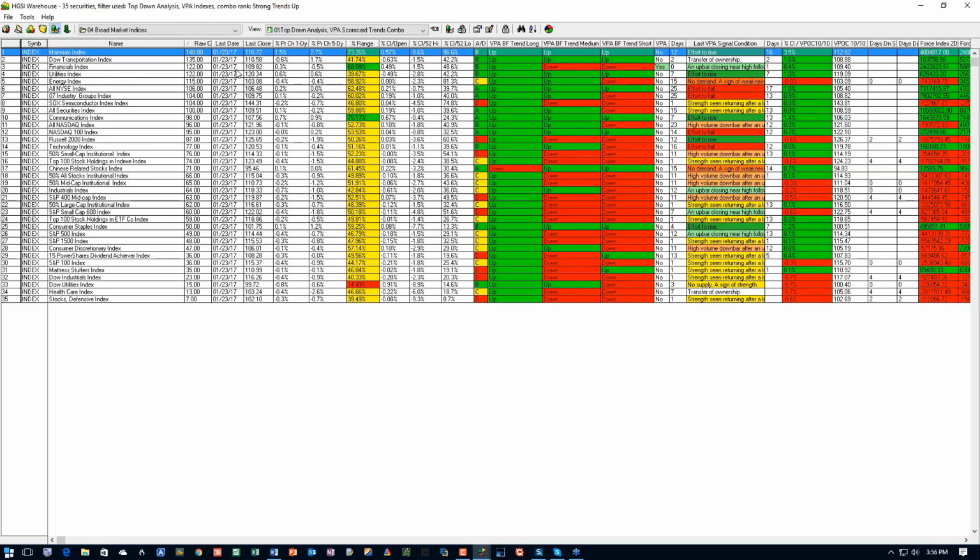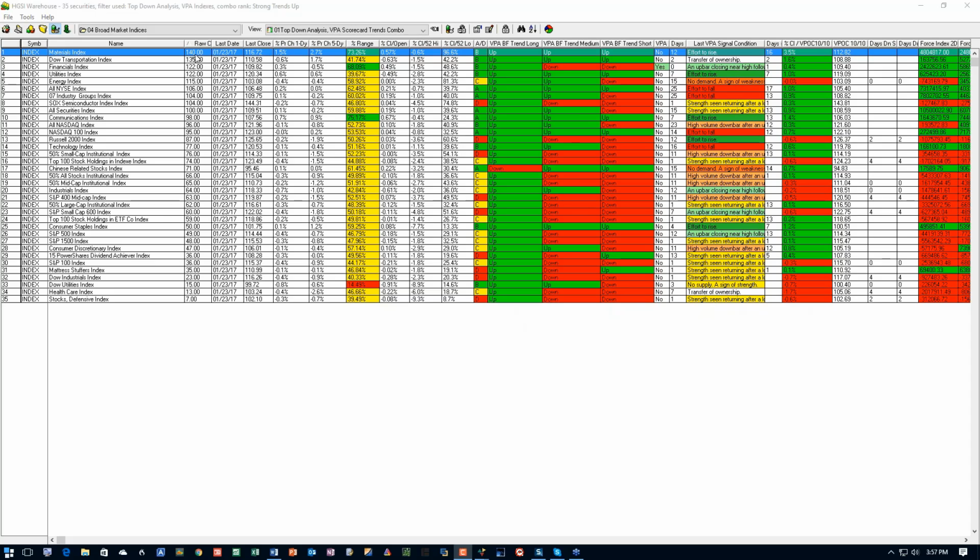Well, this shows the latest date now is 123 because I just went in and rebuilt those indexes. So the strength was in materials today, followed by the transportation stocks and then financials. So this allows us to get an intraday reading on where the strength is.